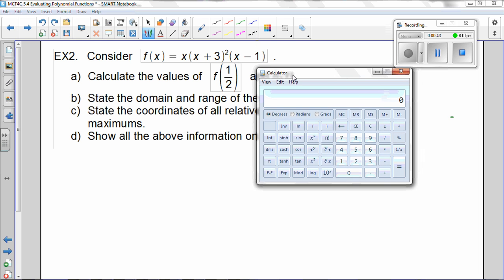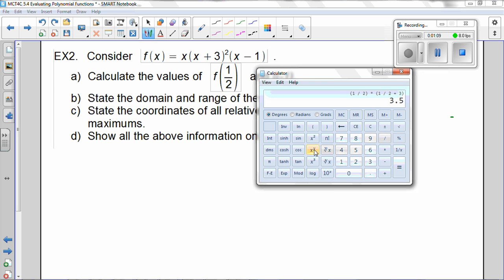So if x is a half, I got 1/2 bracket times bracket 1/2. And again, I'm doing that instead of 0.5, because if this was 2/3 or something different, then we want to be exact.